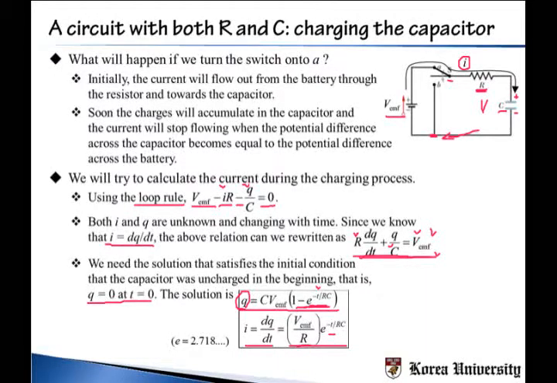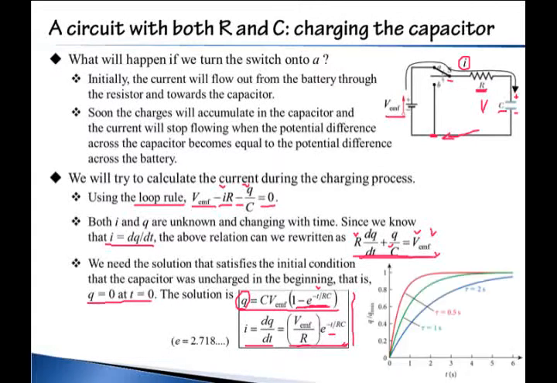And now this is an exponential of minus, so as a function of time, the current will decrease. And when the time becomes very large, like infinity, then exponential of minus infinity will be like 0. So finally the current will become 0. So these two solutions satisfy the behavior as a function of time that we have seen.